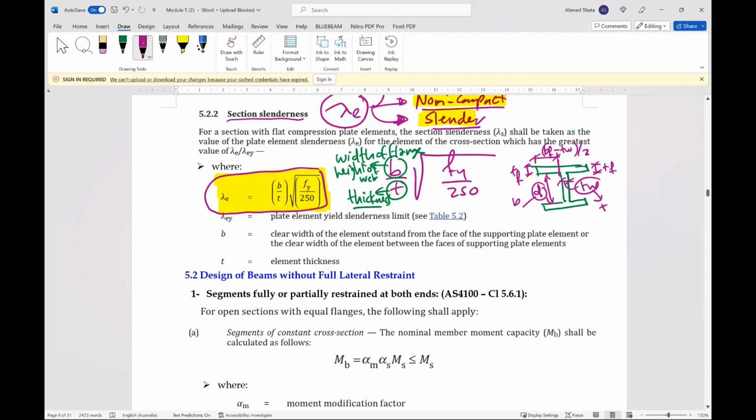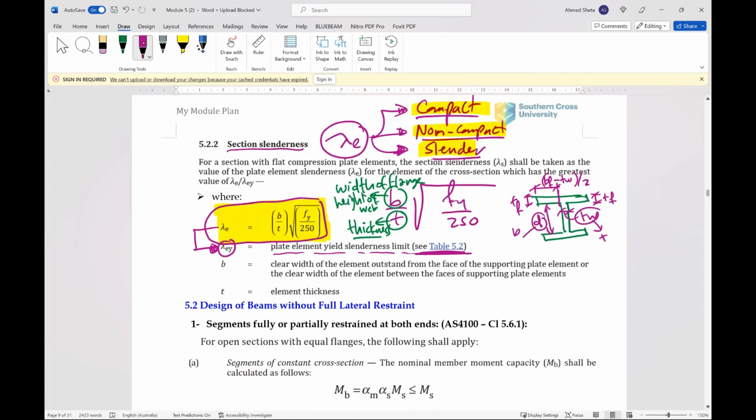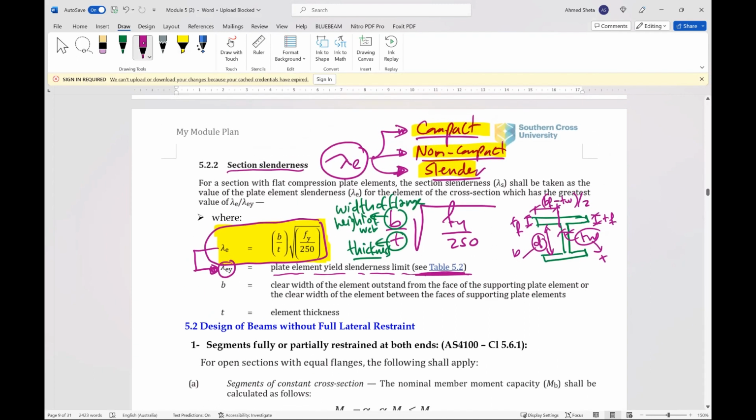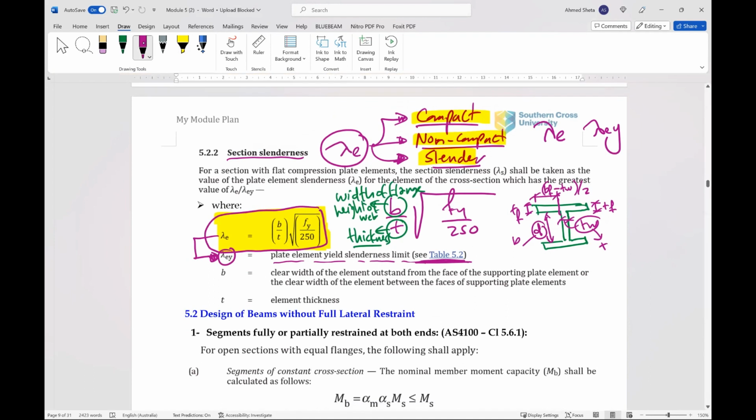We need to know if it's compact, non-compact, or slender. We need to compare lambda e with lambda ey, the plate element yield slenderness limit, according to Table 5.2. So to know if the section is compact, slender, or non-compact, you need to compare lambda e with lambda ey.